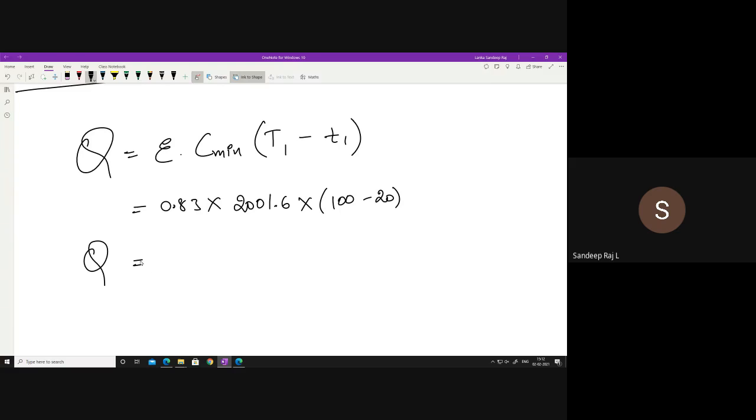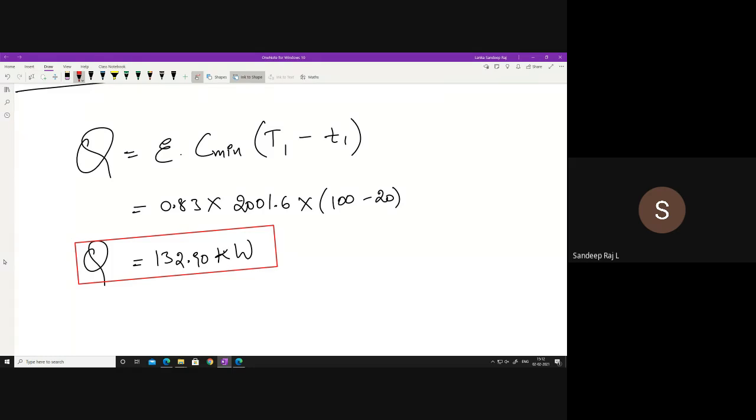Calculate. 132.90 kilowatt. That is your Q value. Okay, so Q value is done.